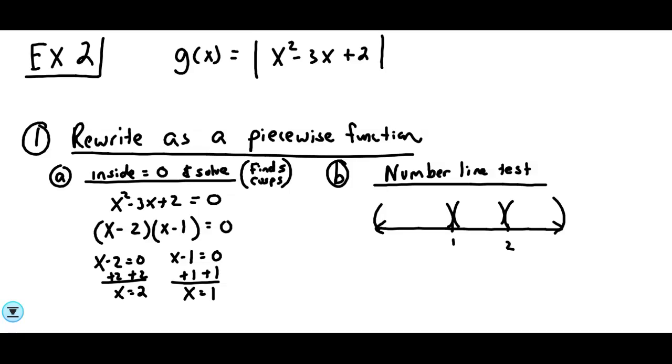Okay, so let's go ahead and do g of, let's pick a number to the left of 1, like 0 is a good one. We'll pick a number to the right of 2, like 3, and then we need a number between 1 and 2, and unfortunately that's just going to be a fraction, so I'm going to go with 1.5 there. So we're going to plug in 0, 1.5, and 3 into this expression up here, and we're going to see what we get. Okay?